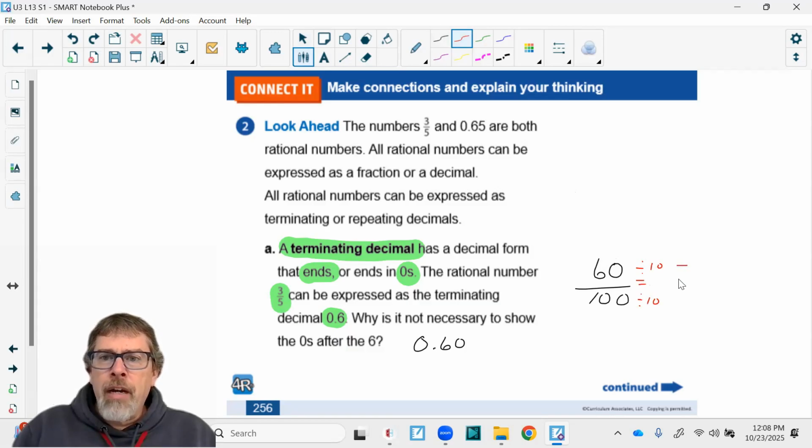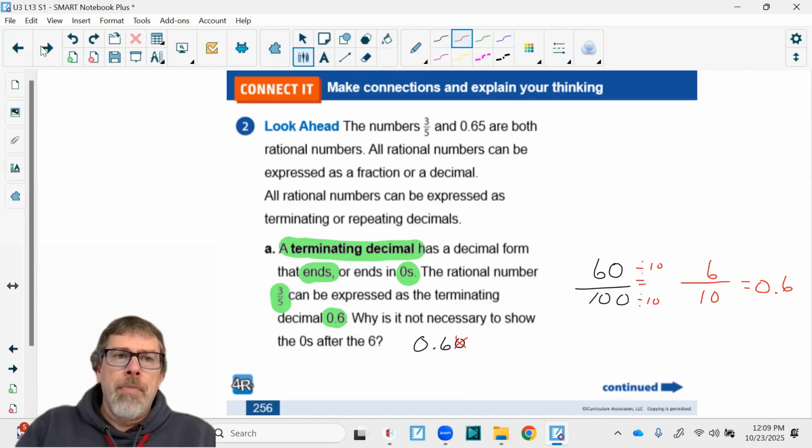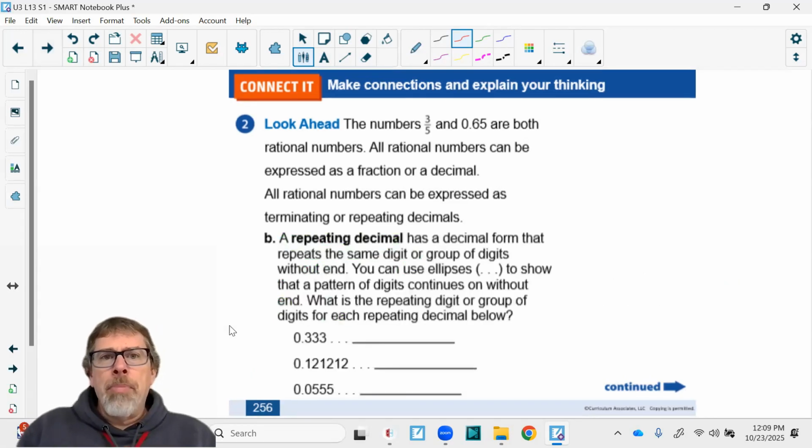When I divide the top and bottom by 10, they are still equal. And I get 60 divided by 10, 100 divided by 10, and that is 0.6. So if it's not necessary, we don't need to put it. The only time we really need zeros after this is if we're adding or subtracting from another fraction that has more decimal places. Okay. All right, part B.